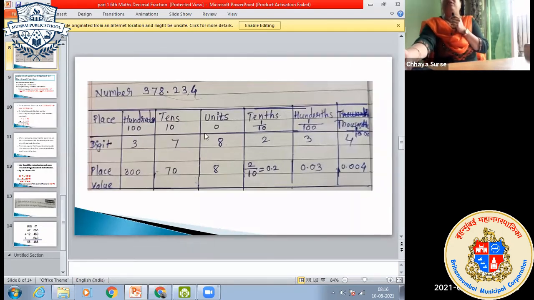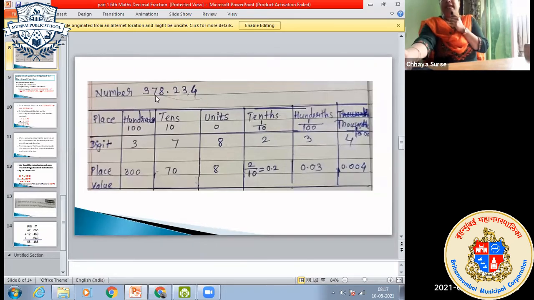And this 8 is on the unit place, ones place. Clear? When you are reading, you read before the decimal point as it is, meaning 378, after the point 234. How will you read? 378.234.